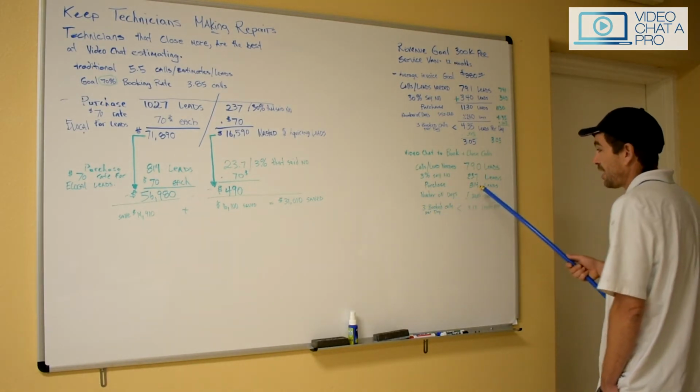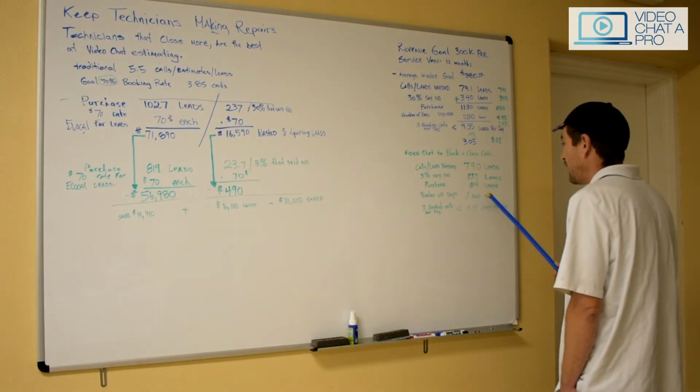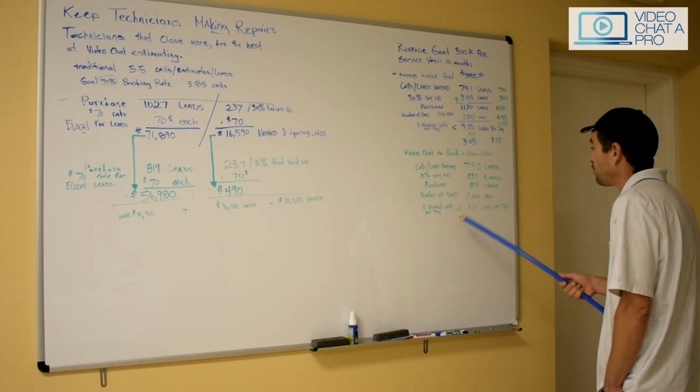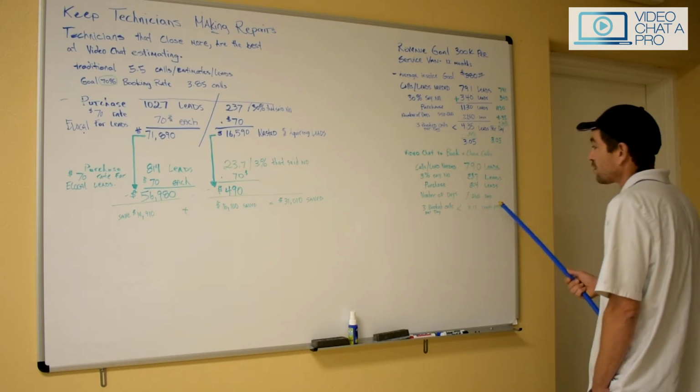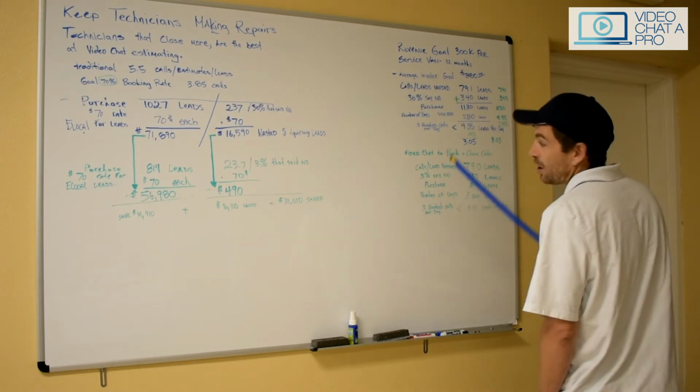So we're going to purchase 814 leads, and we're going to work the same number of days, and we're going to book basically the same amount of calls with a lot less no.